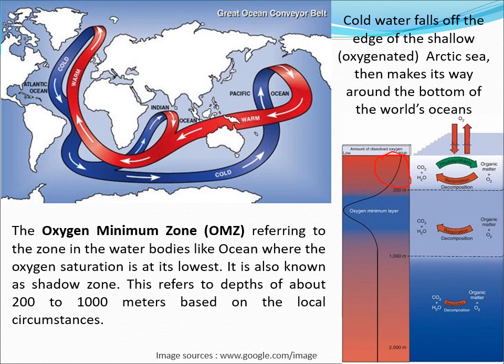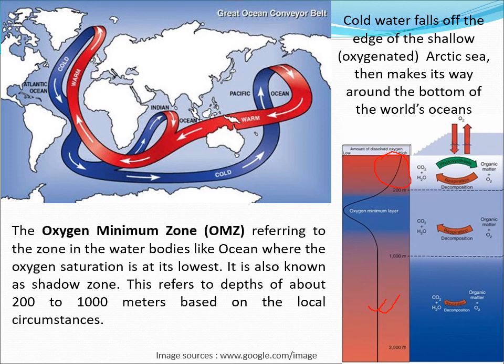And this increase in oxygen concentration in the bottom of the ocean body is due to the cold bottom ocean current. That brings the cold oxygen rich polar water moving as bottom current towards the equator region, and due to that the lower portions of the ocean water get some amount of oxygen.